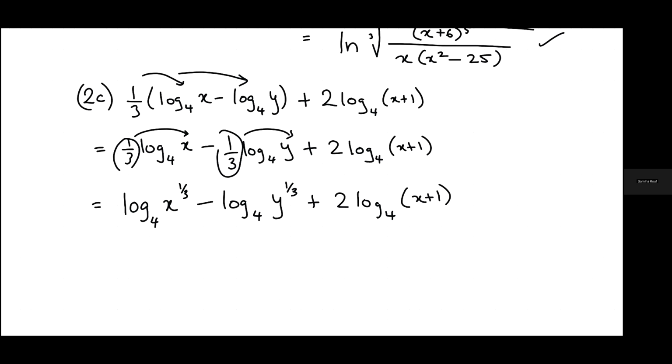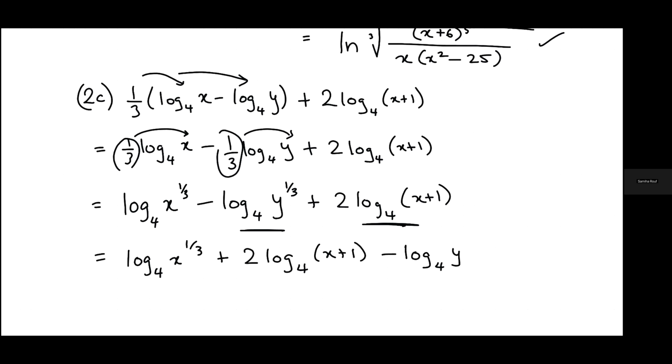This log 4x to the third is already positive, so we should keep that where it is. However, this one is negative, negative log 4y to the third, so we're going to move that to the end. Essentially, we're going to switch these two locations. So we get log 4x to the third plus 2 log 4x plus 1 minus log 4y to the third.